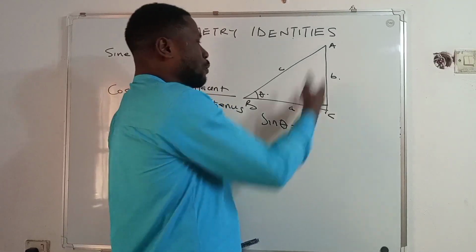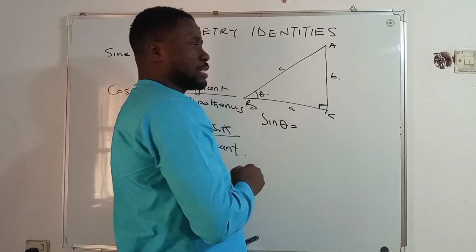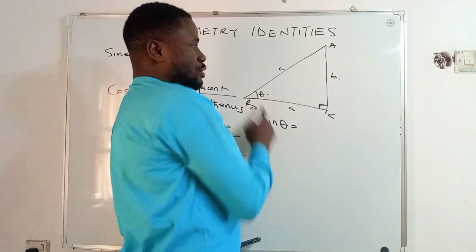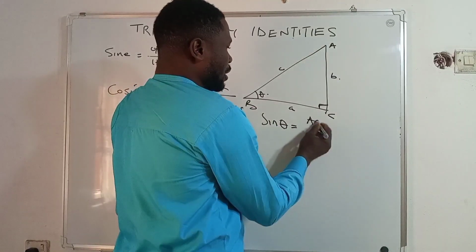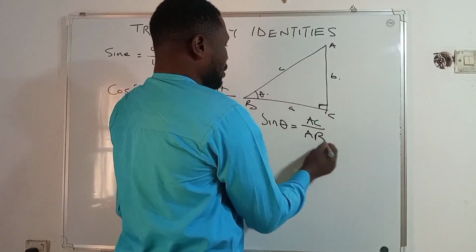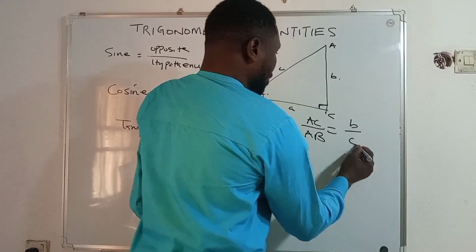We ask ourselves, what is the side that faces theta, that is opposite of theta? You can see that this is a side that faces the angle theta. And so we say that side AC, all over the hypotenuse, which is side AB. And of course, this will be equal to b all over c.